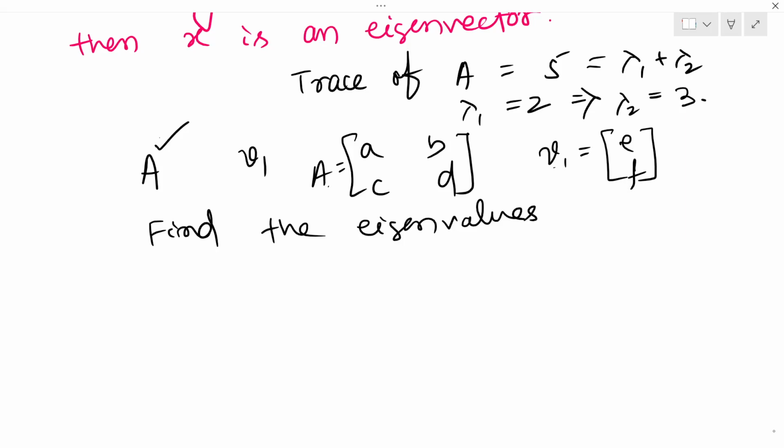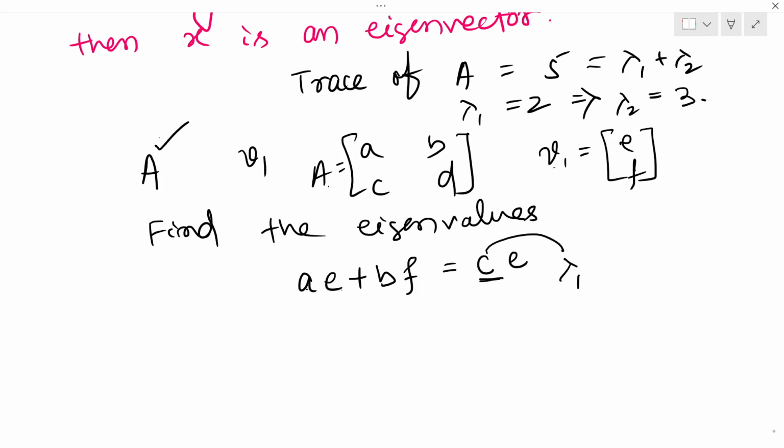Observe here, A into E plus B into F. This is how much times of E? A into E plus B into F gives me how much times of E. That is one of my eigenvalues, lambda 1.